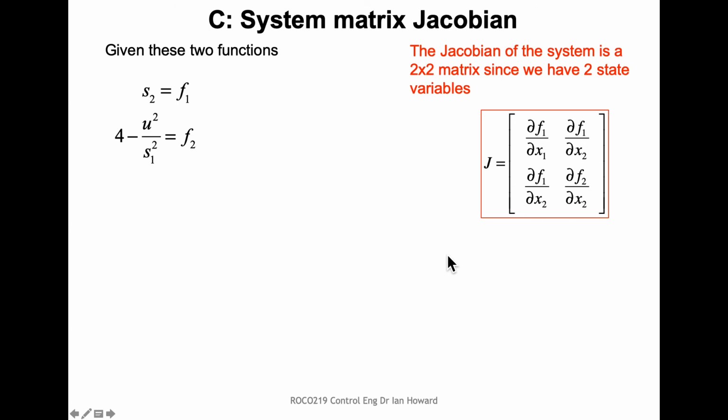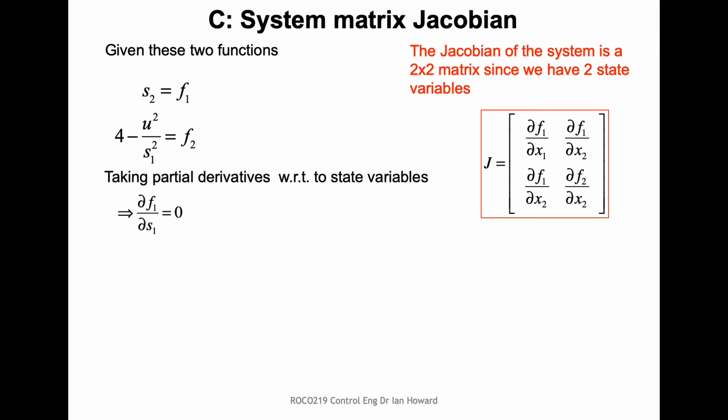That's wrong. So taking partial derivatives with respect to the state variables, we need to calculate delta F1 delta S1. We can see that there is no S1 term in there, so that's going to be 0. If we differentiate this with respect to S2, that will end up going to a 1.